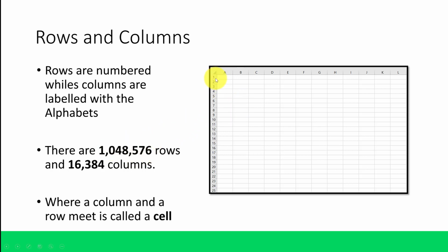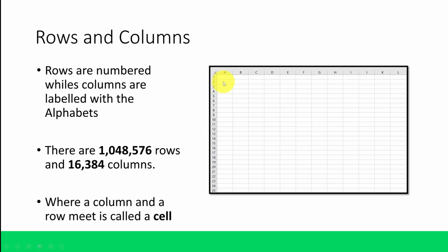And the rows, we have up to 1,048,576 rows, whilst we have 16,384 columns. So the question that you may have is: if you are representing this with A, B, C, D, the alphabet, and there are only 26 of them, how then are we going to get these 16,384 columns? And that's a valid question to ask.